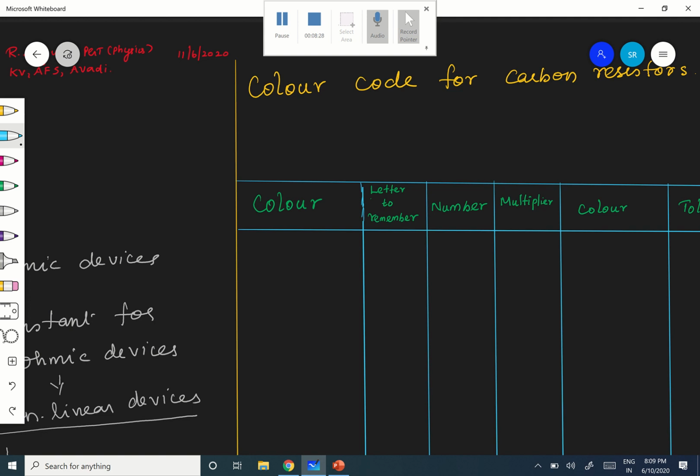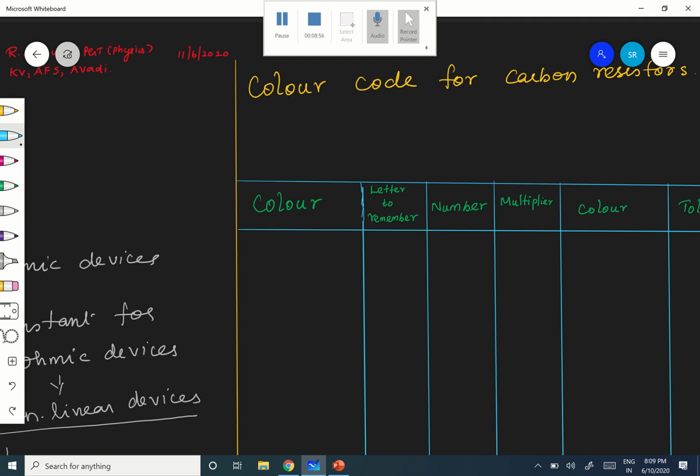In the market, the commercial resistors we mostly use are called carbon resistors. Carbon is also used for making resistor coils, like constantan and manganese.